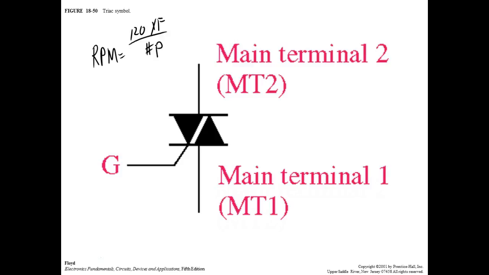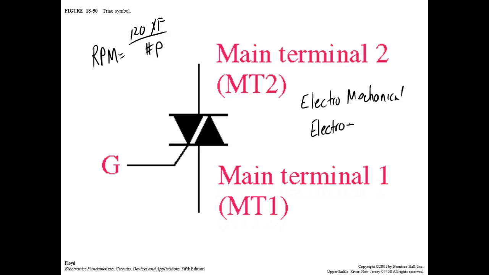What's the problem with a relay? A relay is electromechanical, and a triac is electronic. So what does that mean? A relay can fail either electrically or mechanically. It's like your car. Your car is an electromechanical device.